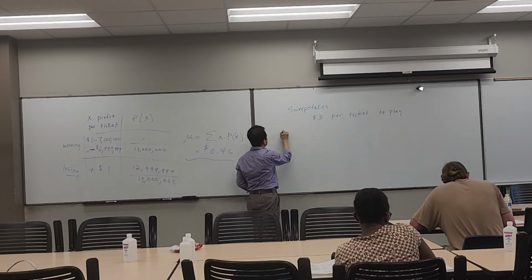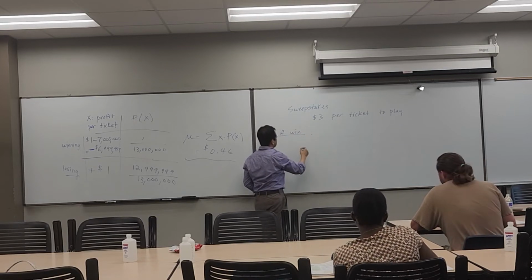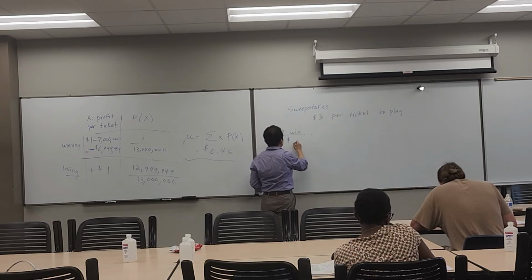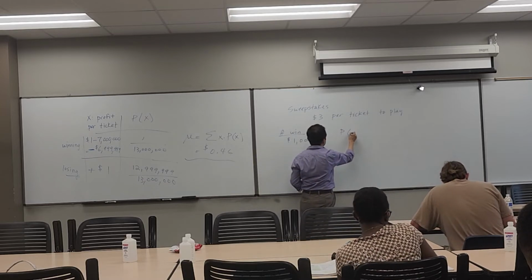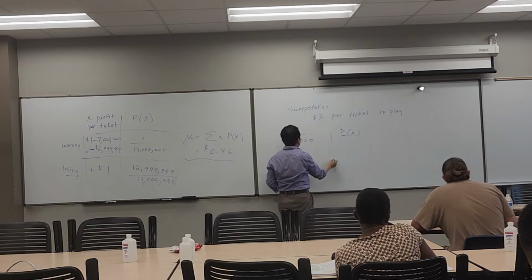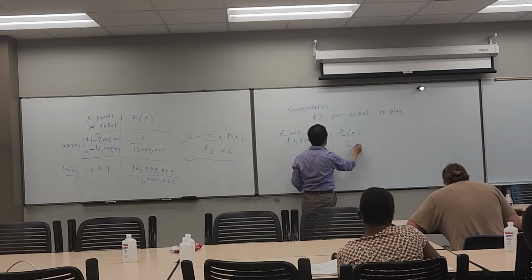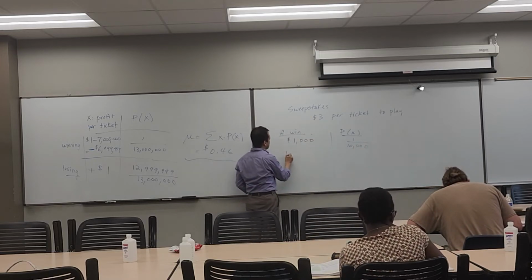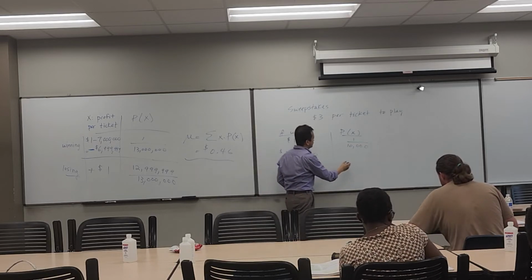So if you win, you could either win $1,000, the probability of that is 1 in 10,000. Or you could win $1 million, where the probability is 1 in 10 million.